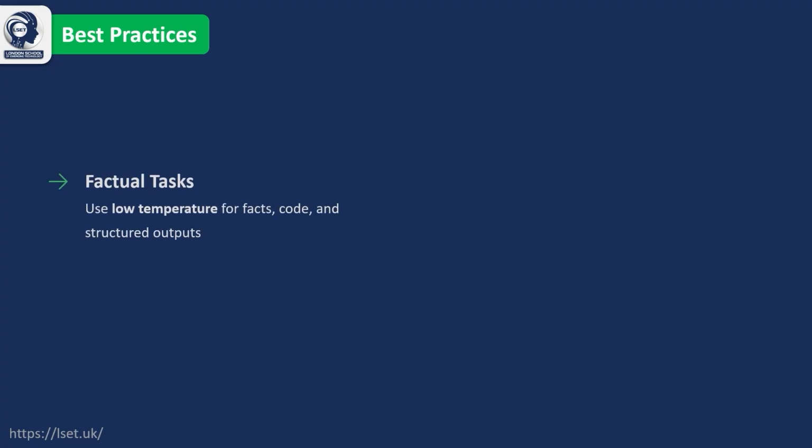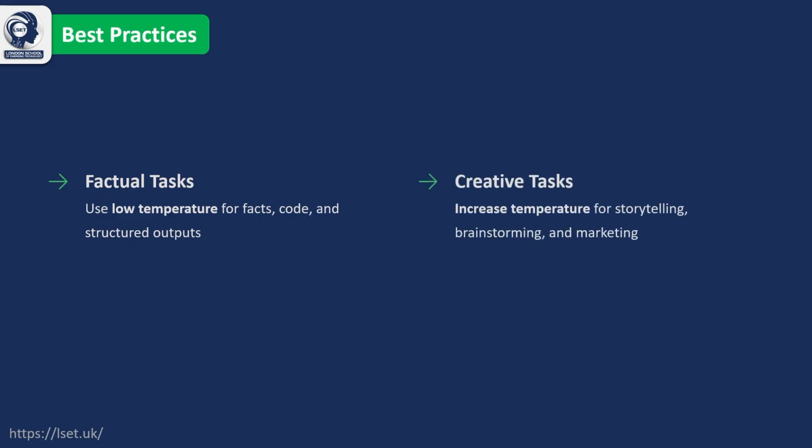To achieve the best results from an AI model, it's important to choose the right sampling settings for your task. For factual tasks, such as coding, technical documentation, or answering questions, use a low temperature to ensure accurate and consistent responses. For creative tasks, including storytelling, brainstorming, and marketing content, increase the temperature to encourage more original and diverse ideas.